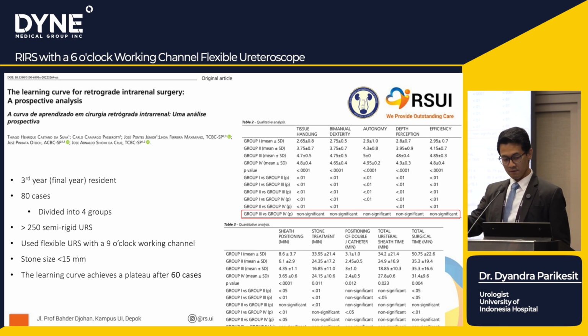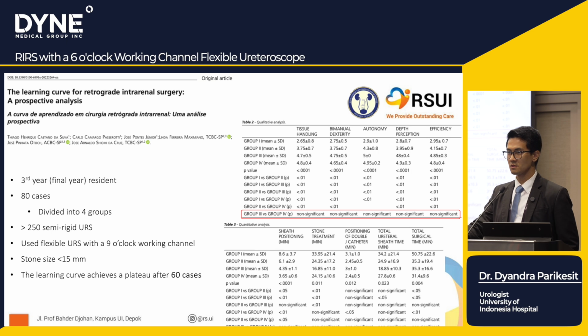We have this publication about learning curves. As we all know, besides flexibles, we always use everything else on the 6 o'clock. If you do PCNL, semi-rigids, or instruments in the lower tract, it's always on the 6 o'clock. In this publication, they divided 80 cases into 4 groups.